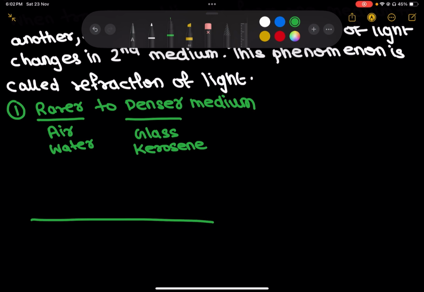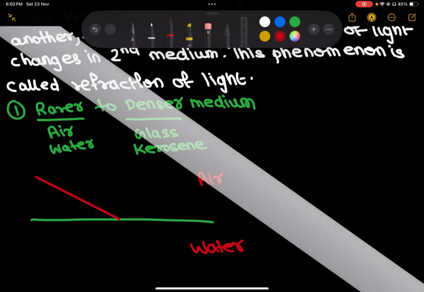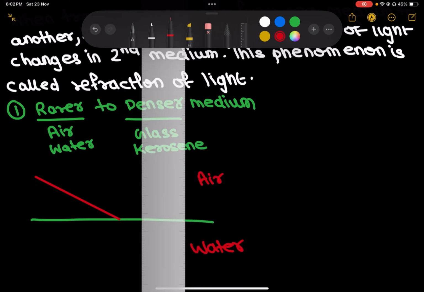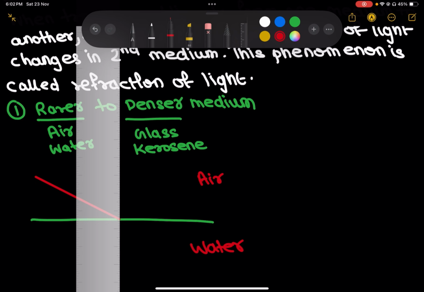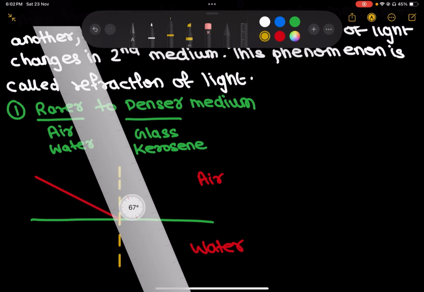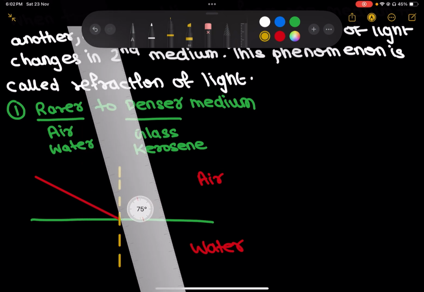So here it is saying from rarer to denser medium. That means if this is air and this is water, and the light ray is traveling like this, we'll draw a normal at the point where it intersects the interface, and it gets bent towards the normal.